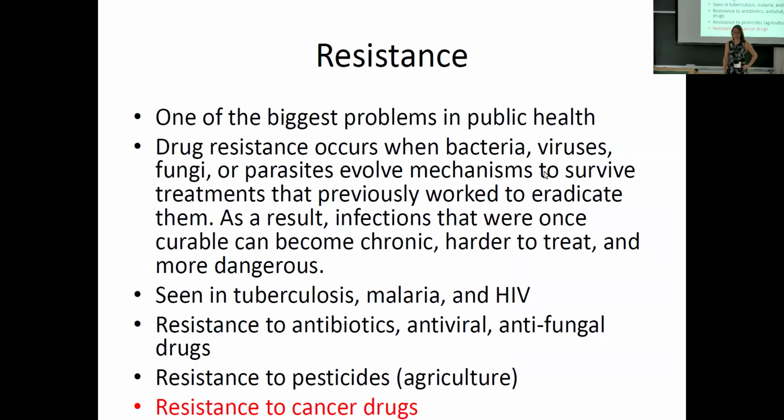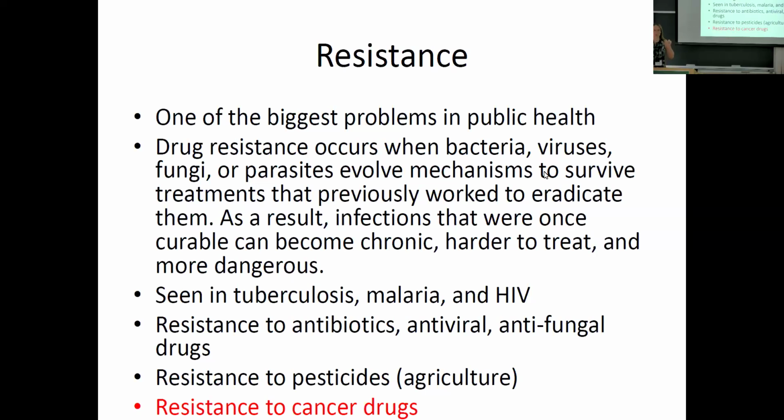As you, of course, know, resistance is one of the most difficult problems in public health, and it occurs everywhere. Drug resistance is seen in tuberculosis, malaria, HIV. It occurs when bacteria, viruses, fungi, or parasites evolve mechanisms to survive and resist a treatment that previously worked. Happens all the time.